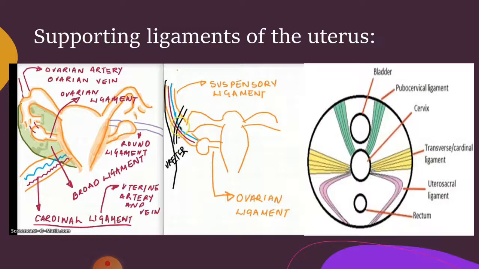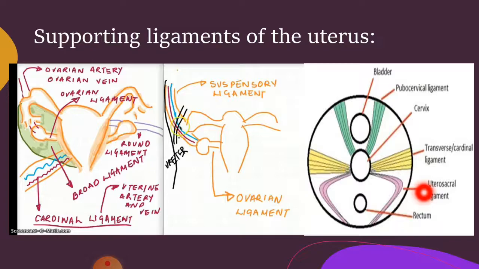The next ligament is the uterosacral ligament, and this is also called the cardinal ligament. Here you can appreciate the cardinal ligament, and we can appreciate it better in the axial section.